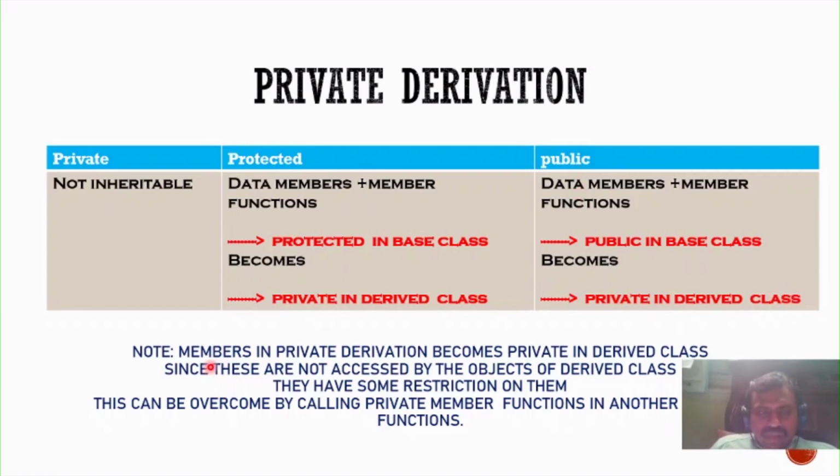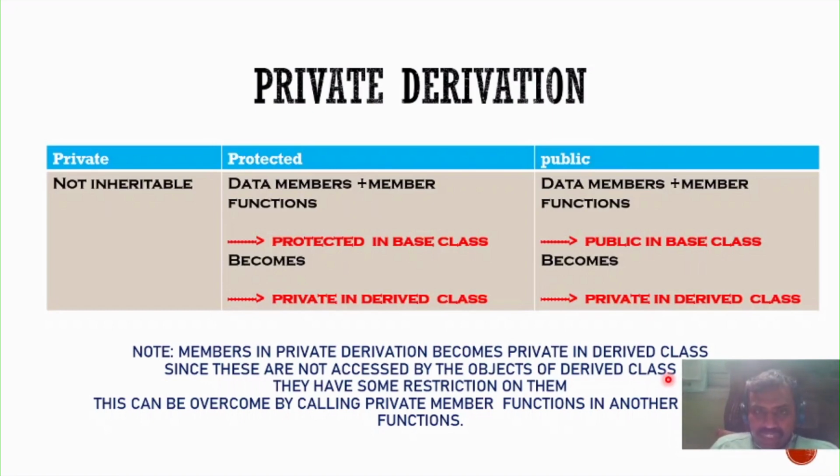And note one important thing about the private derivation: the members in private derivation become private in derived classes, since these are not accessed by the objects of the derived classes. That means to say that in derived class, by using the object we can access the member functions. But those member functions which are inherited as private from the base class to the derived class are not accessible.